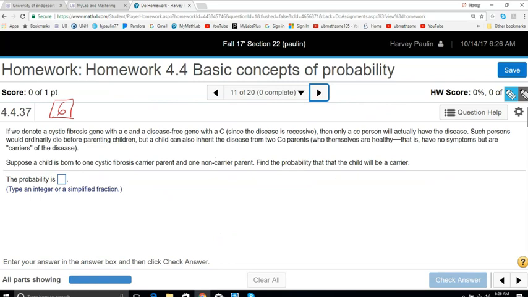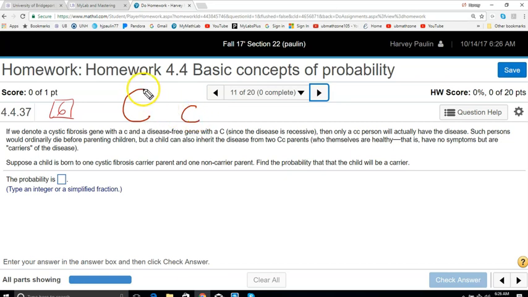Now in number 6, we are also dealing with genetics, where if you are a non-carrier of cystic fibrosis, the gene is dominant, not having it. If you have the gene for cystic fibrosis, it's recessive.